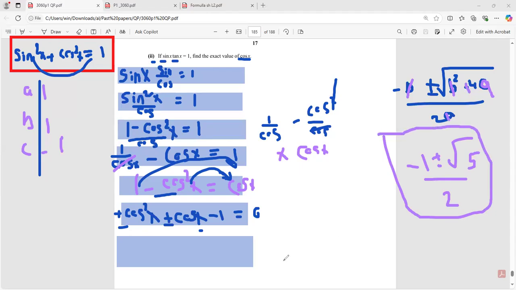So the final answer: x equals negative 1 plus root 5, all divided by 2, or x equals negative 1 minus root 5, all divided by 2, and that is trig.